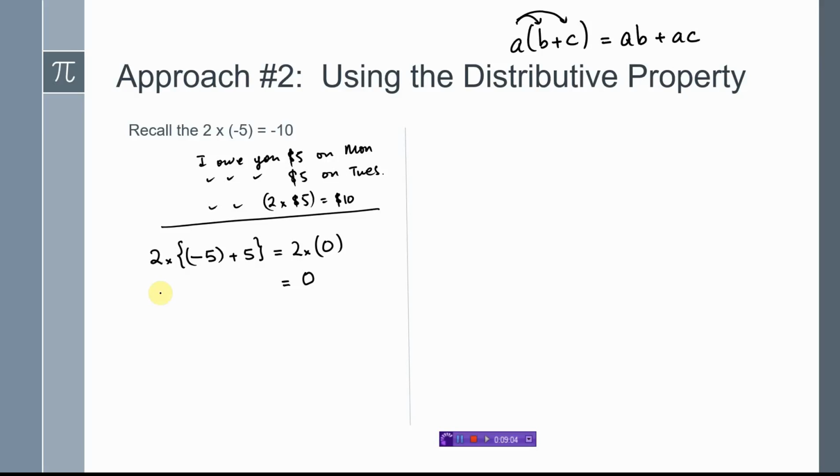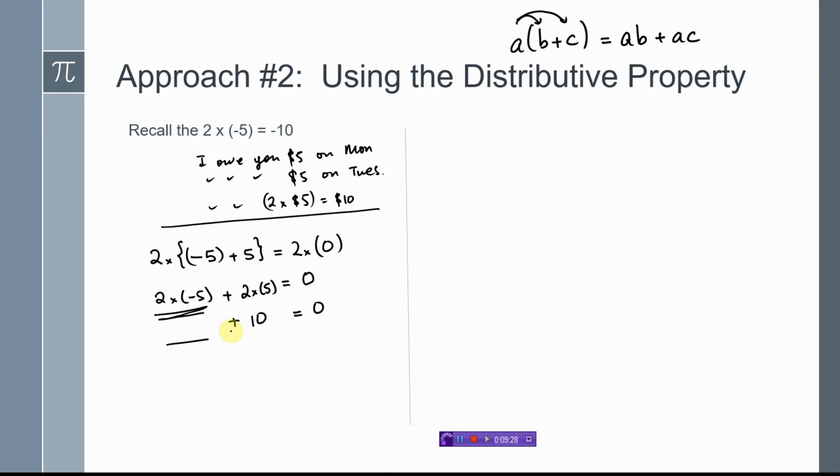So here I have my 2 times negative 5 plus 2 times 5, right? Now, let's say we don't know what this is. We have something plus 10 equal 0. What can that item be?